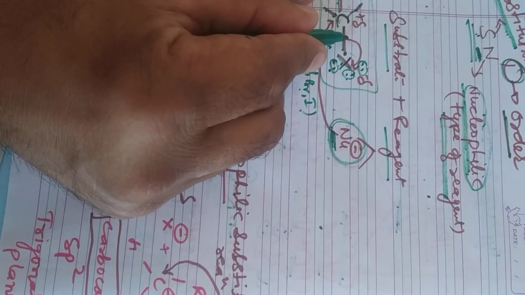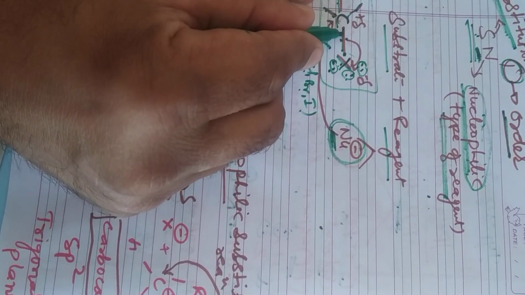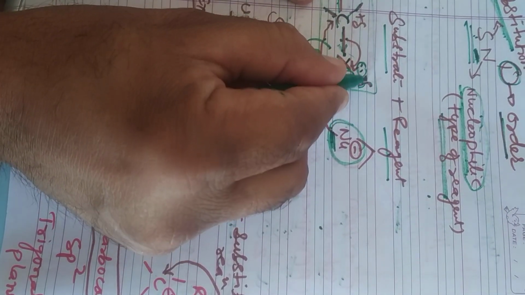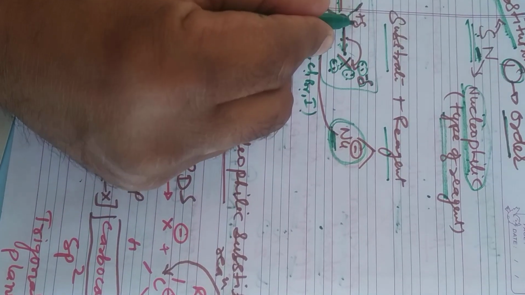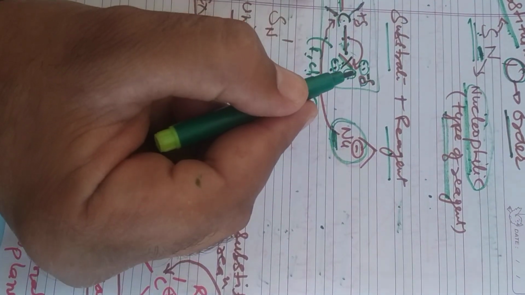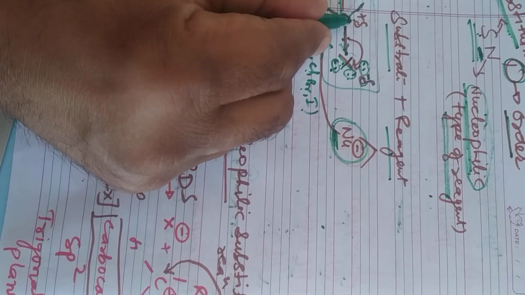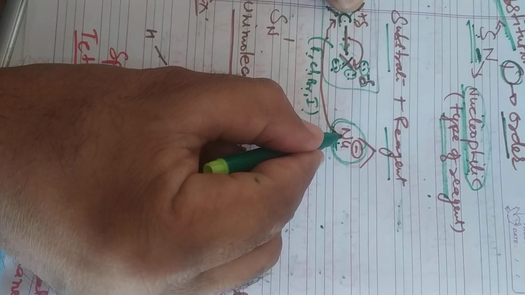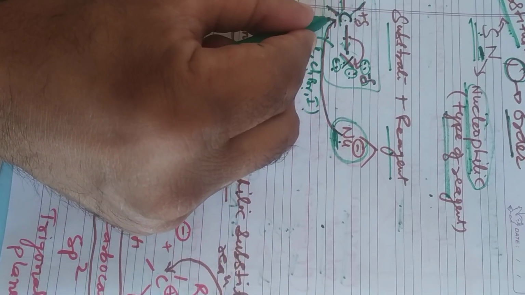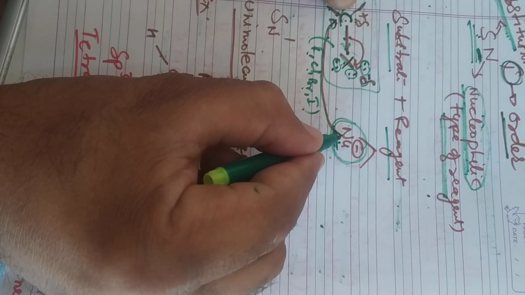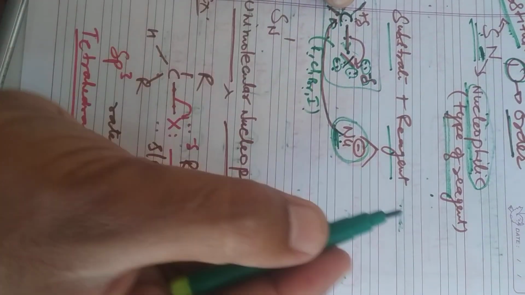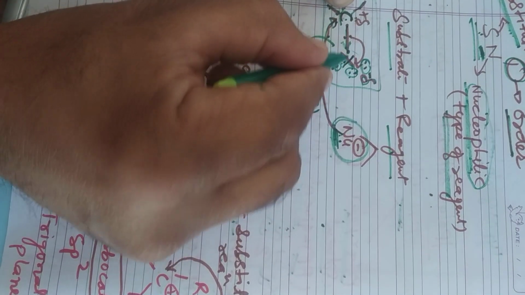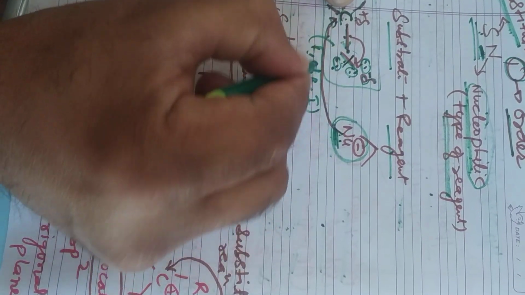So halogen will withdraw these two electrons towards itself and get a partial negative charge, and carbon will get a partial positive charge. If carbon has a partial positive charge and the nucleophile has a negative charge, this nucleophile will attack the positively charged carbon, because opposite charges attract each other, and this halogen atom will be removed or substituted by the nucleophile.